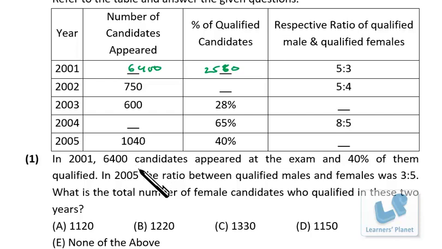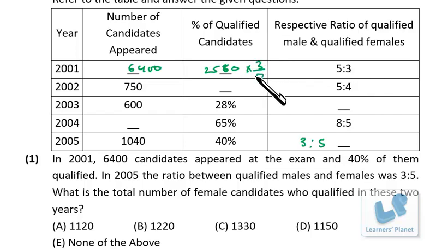Then in 2005, the ratio between qualified males and females was 3:5. What is the total number of female candidates who qualified in these 2 years? So not that difficult, yes, but a bit of calculation involved. So over here, the number of qualified candidates is 2560, and the females will be 3/8 of this, right?